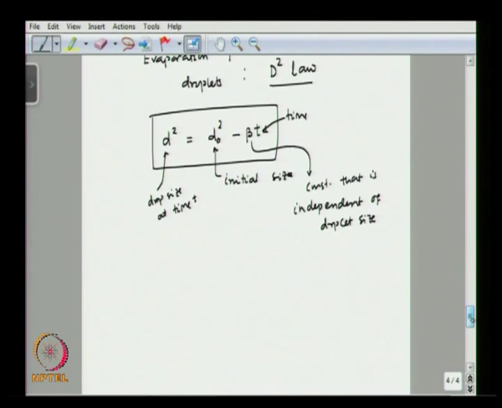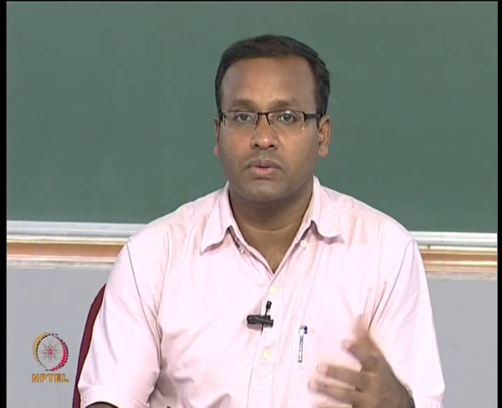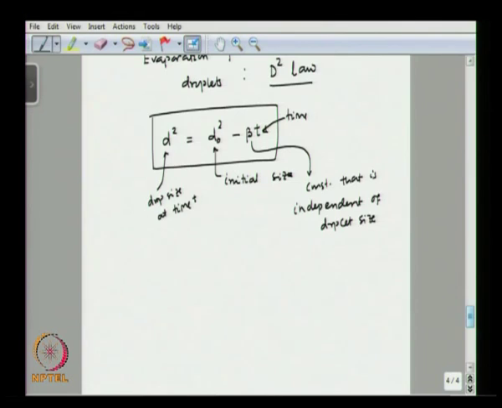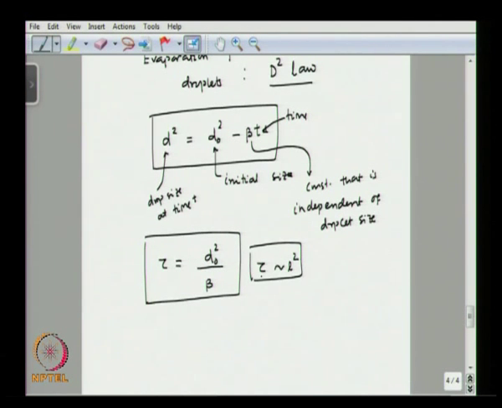So if you want to find the time scale at which the droplets would disappear, in that case you can say that the time constant will be d0 square over beta. So the time constant is going to scale as L square, right.